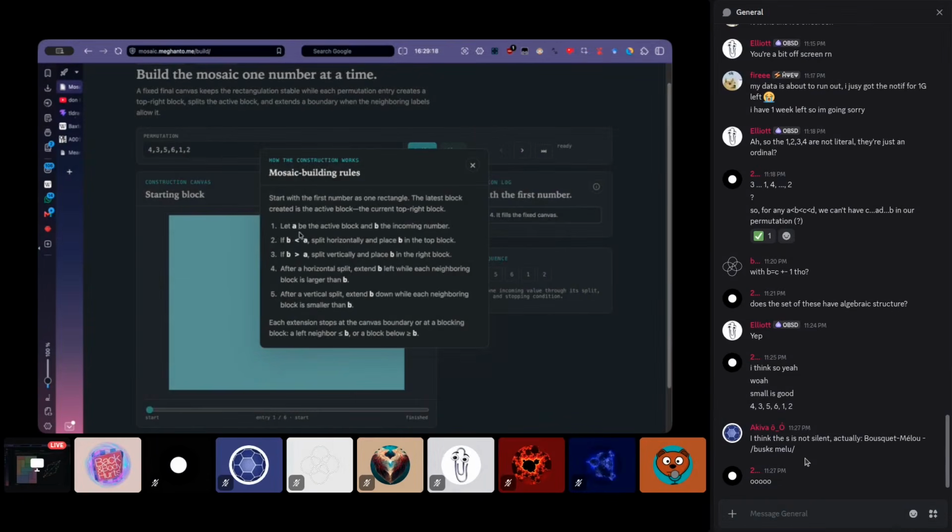Okay? So let A be the active block and B be the incoming number. If B is less than A, then we slice the block horizontally and put B on top. And if B is greater than A, we slice it vertically and put B on the right. So in both cases, B is going to be in the top right, and B will be the next active block.